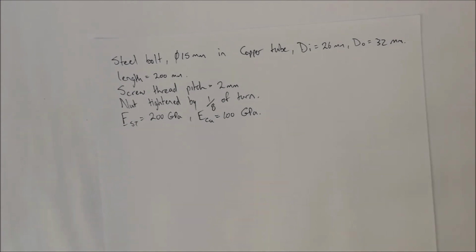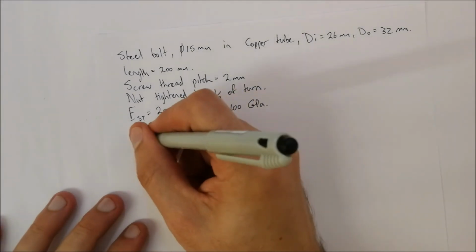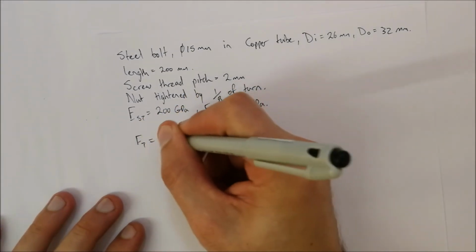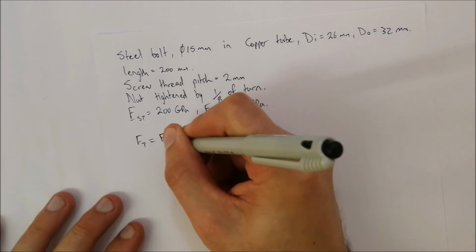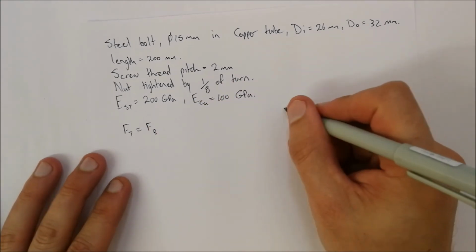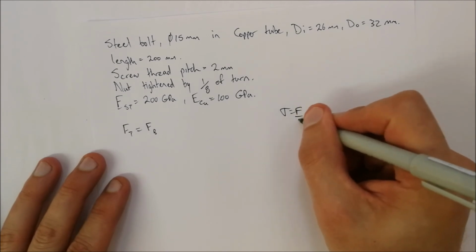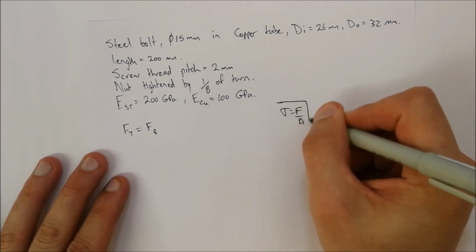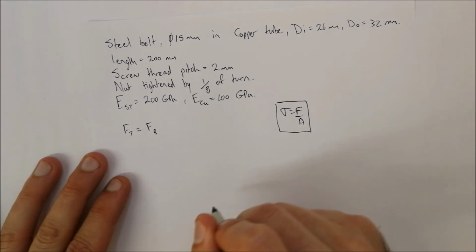Okay, so we know that the force of the tube is equal to the force of the bolt. And remember, we've got the equation that stress is equal to force over area. So we're using that same equation.